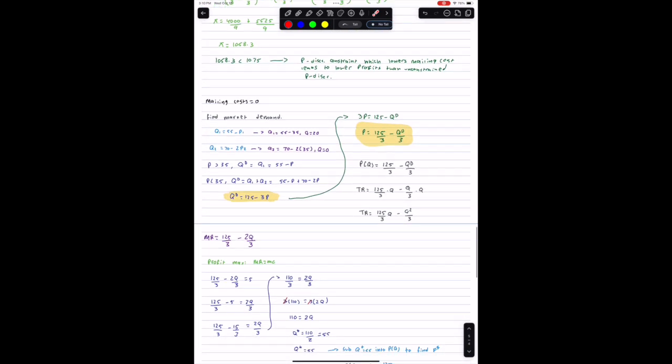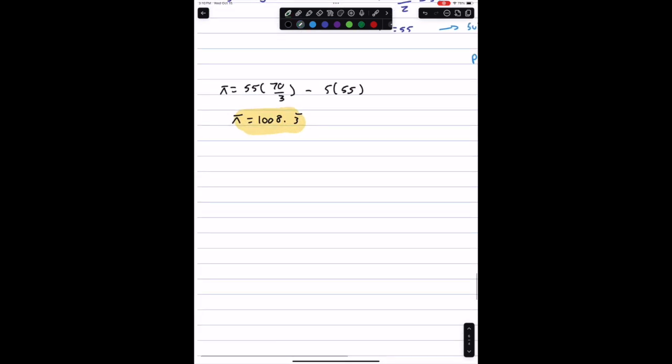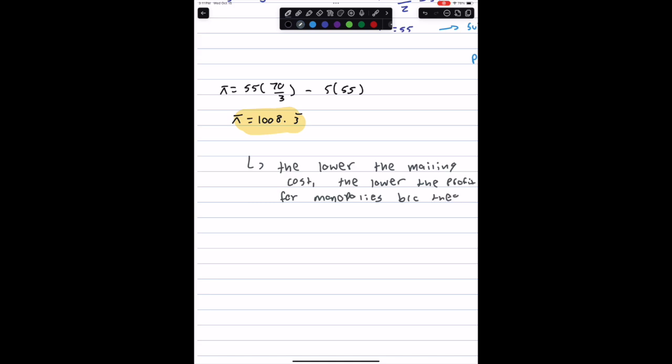So we can say that the lower the mailing cost, the lower the profit for monopolies, because they lose the ability to price discriminate. And that is how you solve this question.